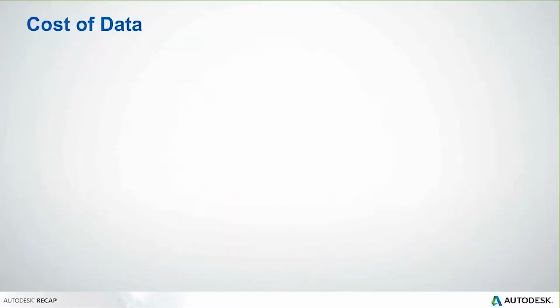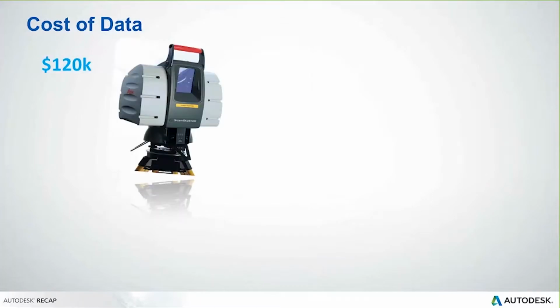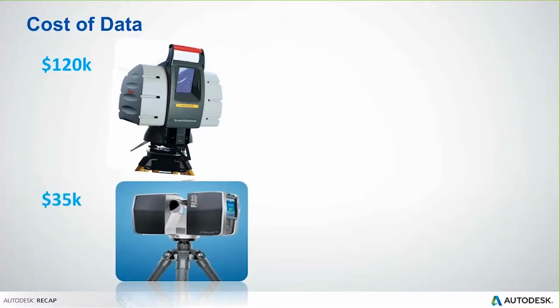So let's talk about the cost of data. When you're talking about laser scanning, traditionally we've been looking at laser scanners in the 120K mark or higher. That was your entry-level scanner. These days, the cost of scanning has gone down considerably. Now, the numbers are plus or minus probably 5K, 10K.